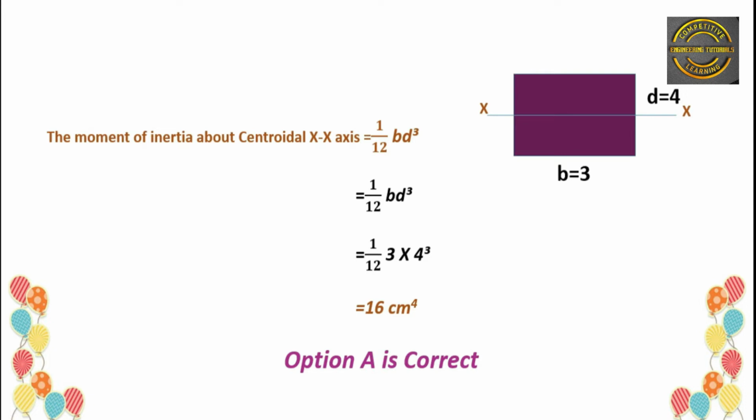The moment of inertia about centroidal x-axis is 1 by 12 into bd cube. So that is equal to 1 by 12 into, here length is 3 and depth is 4. So 1 by 12 into 3 into 4 cube. It is equal to 16 cm power 4. Option A is correct.